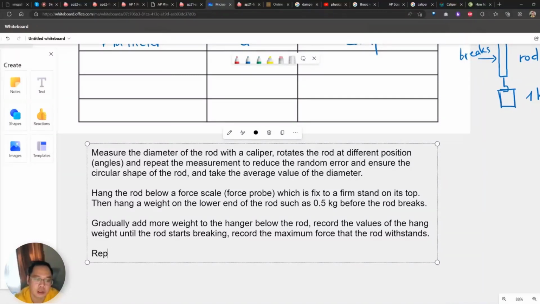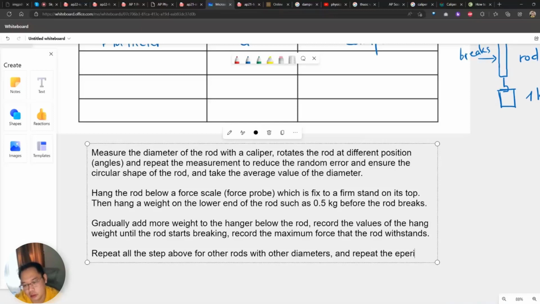Repeat all the steps above for other rods with other diameters, and repeat the experiment with identical rods if you have, but they did not mention that.